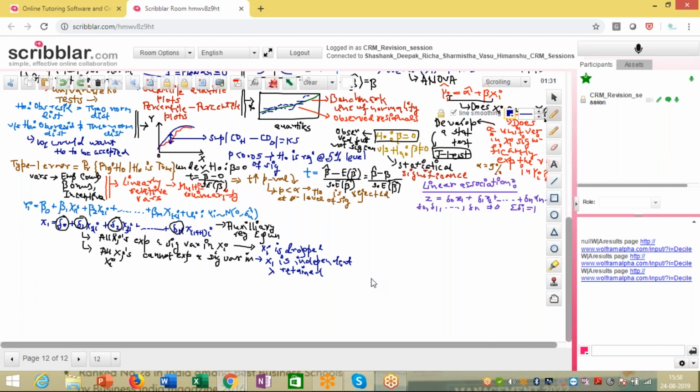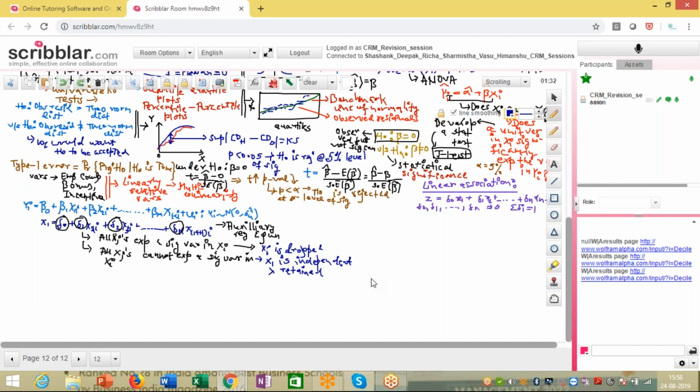So I keep the definition of VIF open-ended at this point. Having assessed the independent significance, the statistical independence of the variables, we will try to move ahead.